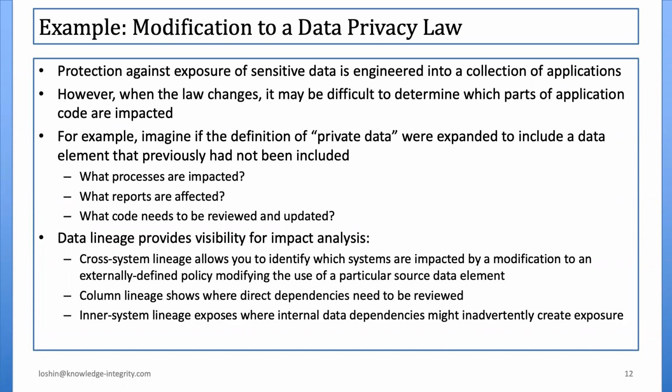And the inner system lineage will expose where there are internal data dependencies that might inadvertently expose data that has now been incorporated into the definition of private data. So this is just an example of a use case, and there are multiple use cases for how data lineage can be used in different ways.